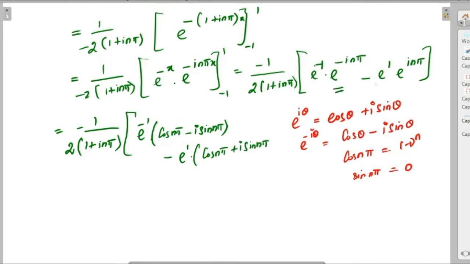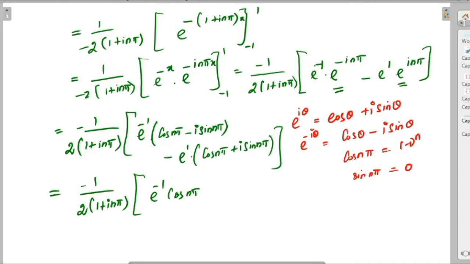I have substituted the formula for these two functions, which is equal to minus 1 by 2 into 1 plus i n pi, e power minus 1 into cos n pi minus e power 1 into cos n pi. I think the sine term is going to be 0. After that you can rewrite like this.